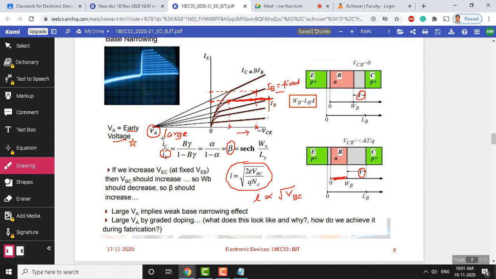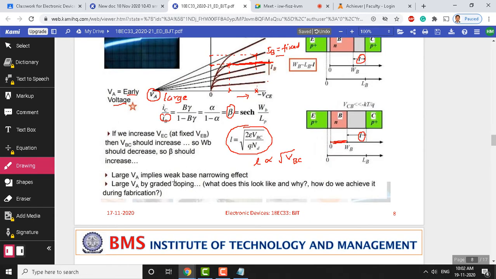As I was telling you, a larger value of early voltage is good for a good amplifier. How do we achieve that? If the base narrowing effect is weak, then we can have a large early voltage. That is one possible scenario. Another possible scenario is using a BJT with graded doping.